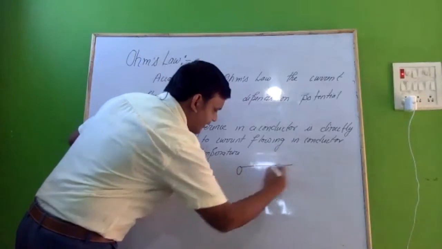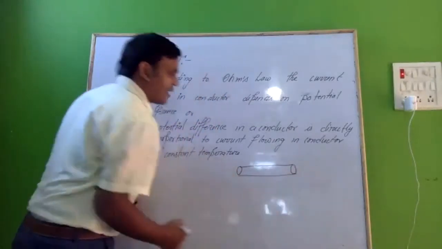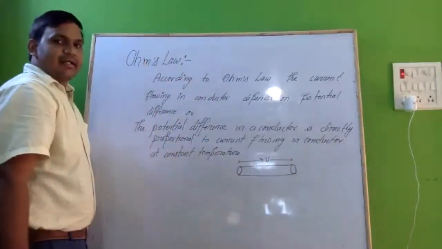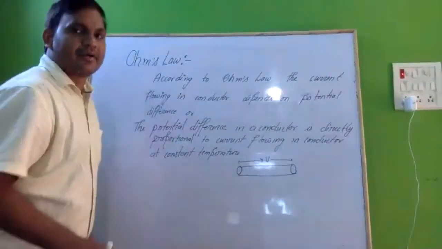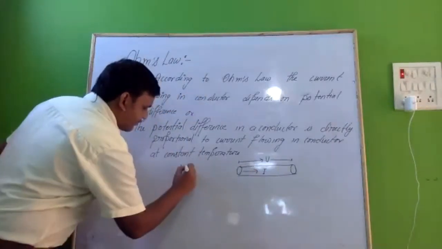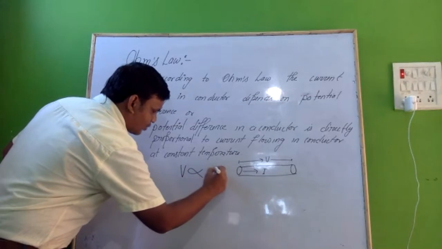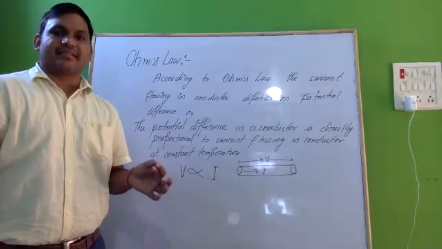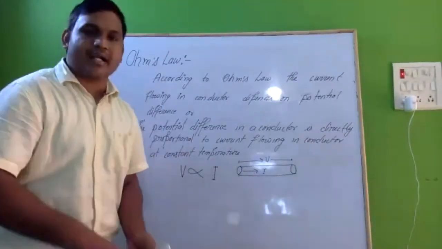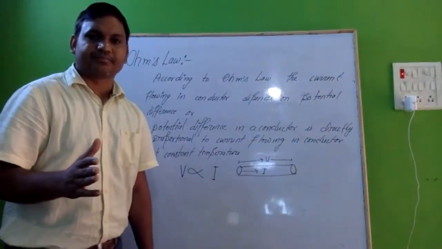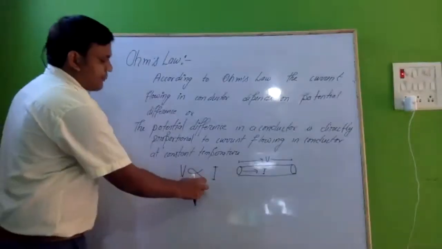Let's say this is a conductor, this is a wire, and you have applied potential difference V. Then the current flowing in it will be I. So it will be said as V is directly proportional to I. Means if you increase the potential difference across the conductor, then the current flowing in it will also increase. Getting my point or not? Yes, sir.